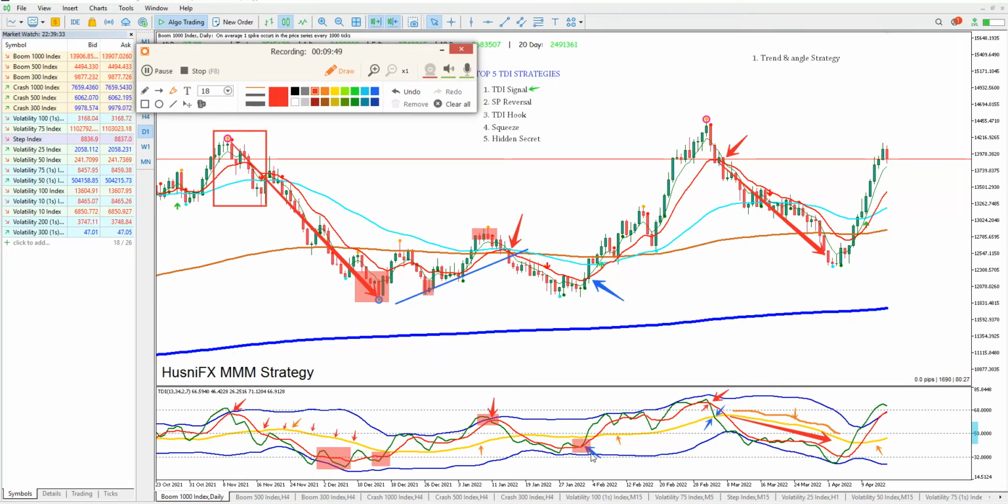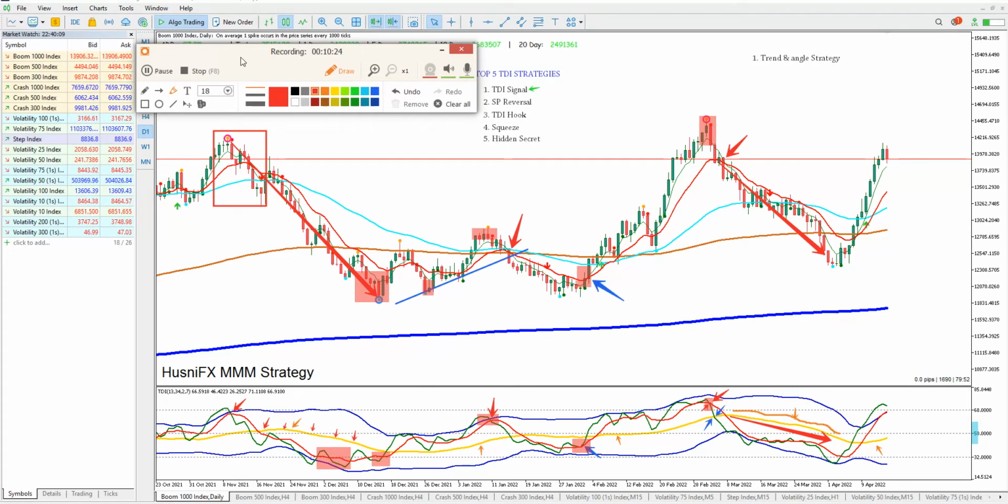We buy here, and we exit when we see there is a cross. Exiting is over there. So right now, I think you have understood how you can find entries using the TDI signal strategy.